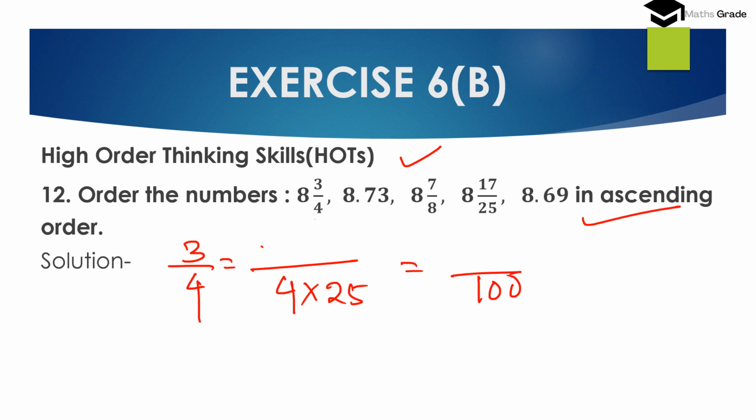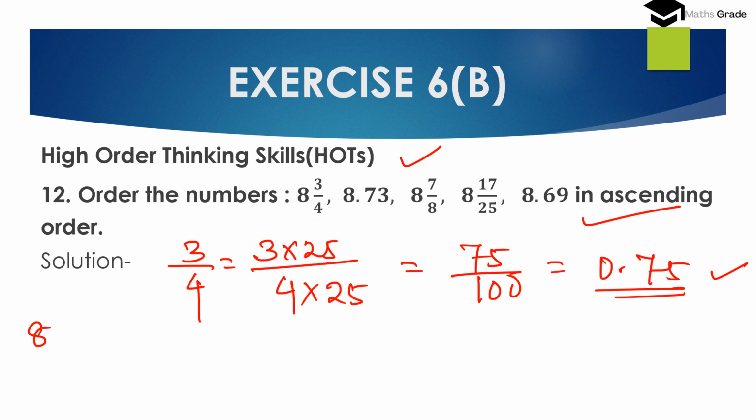Now multiply the numerator 3 with 25. 25 times 3 is 75. Now it is 75 divided by 100, and since 100 has 2 zeros, we place 2 digits after the decimal, so it is 0.75. Now 8 and 3 by 4 is 8.75. Now this is 8.73.